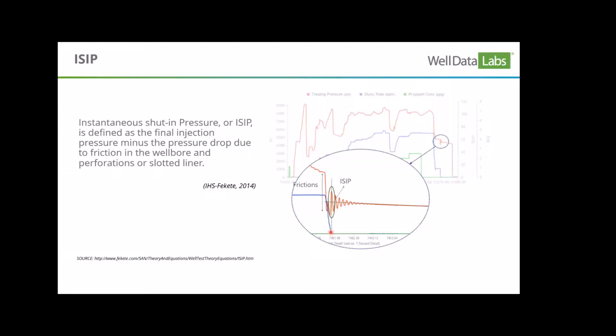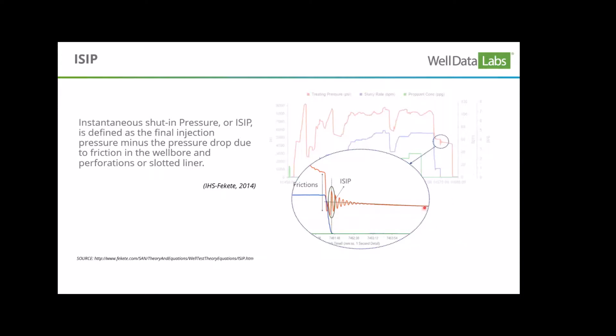As I said before, there are multiple ways that different engineers will calculate or pick the ISIP from the stage. The way we did it, we used a couple of algorithms. The first one is a neural network that will try to recognize and isolate this area, the area that you're seeing here in the circle.